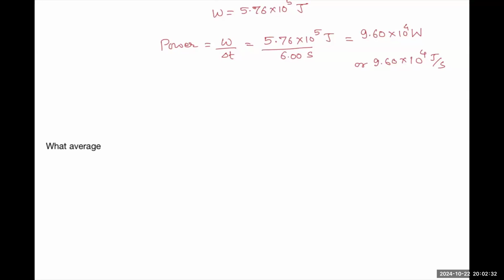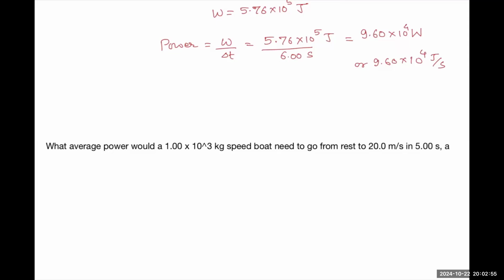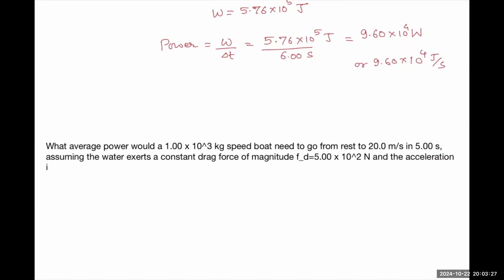What average power would a 1.00 times 10 to the 3 kg speedboat need to go from rest to 20.0 meters per second in 5.00 seconds, assuming the water exerts a constant drag force of magnitude F_d equals 5.00 times 10 to the 2 Newton, and the acceleration is constant.